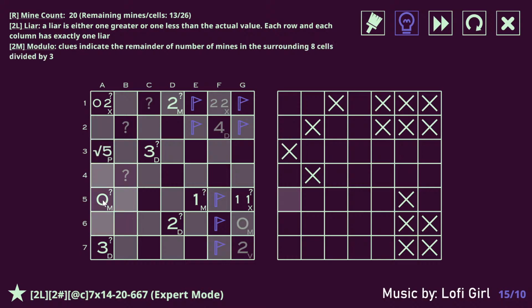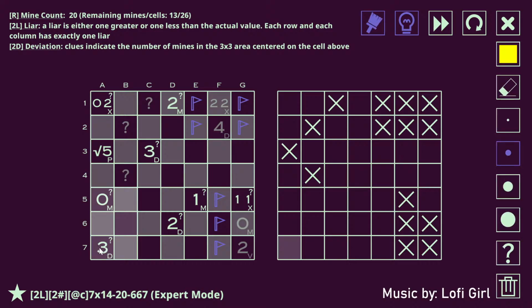This is 0, 1. Actually, this 3 must be at least a 2. So there must be some number of mines in here. So this 0, if it was 0, must actually be talking about 3. It could also be a 1, and that would be empty. If it were a 1, then this 3 is true.